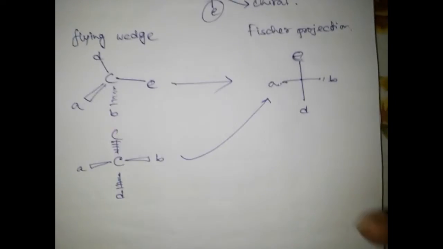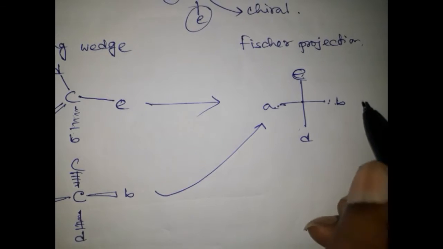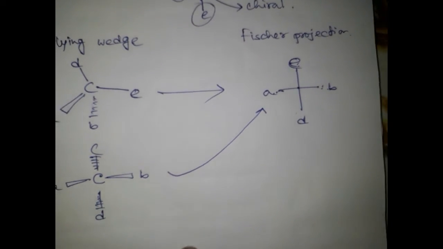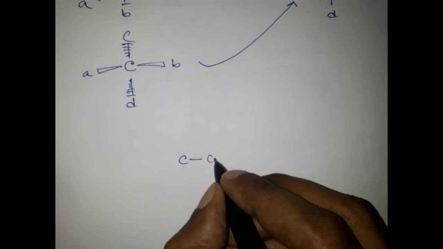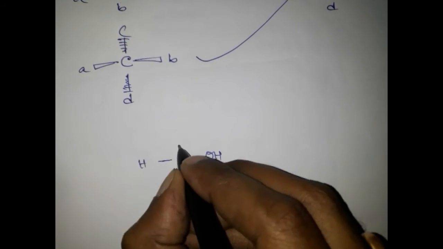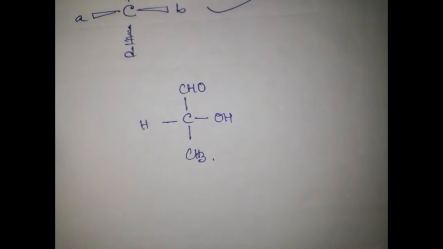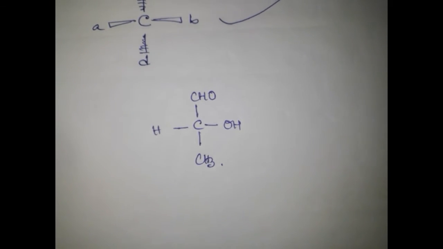Now how do we do the RS nomenclature? In simple words, we assign priority to these groups. Let's take an example like this one. This has 4 different groups around the carbon, so we assign priority.